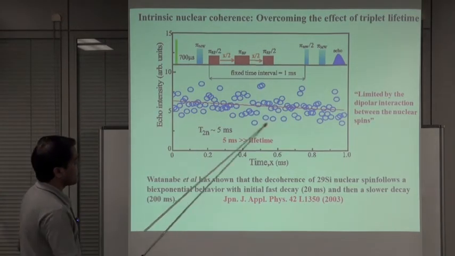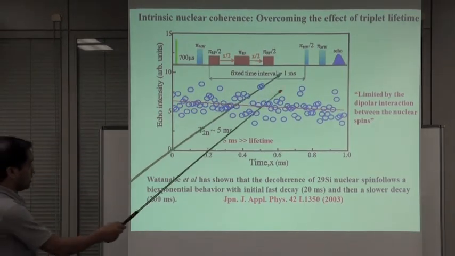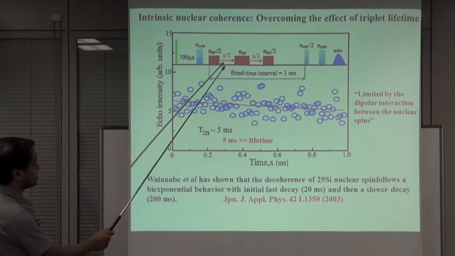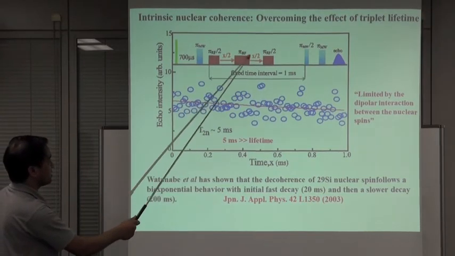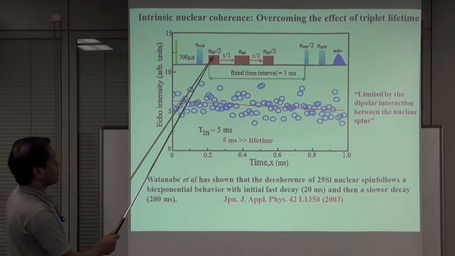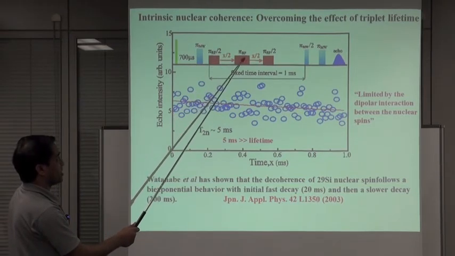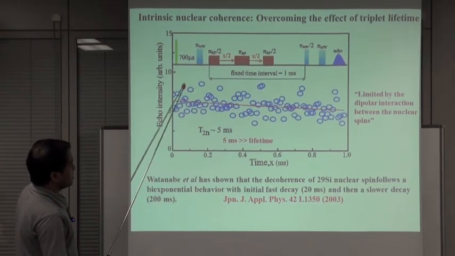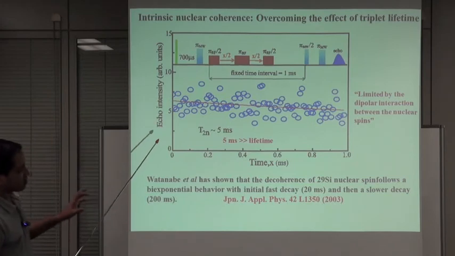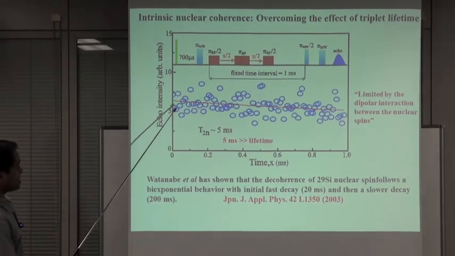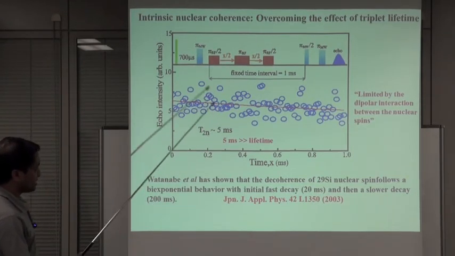So what we see is the echo intensity as we scan the waiting time between the pi/2 RF and pi RF. More or less it does not decay much, but it is very much scattered.